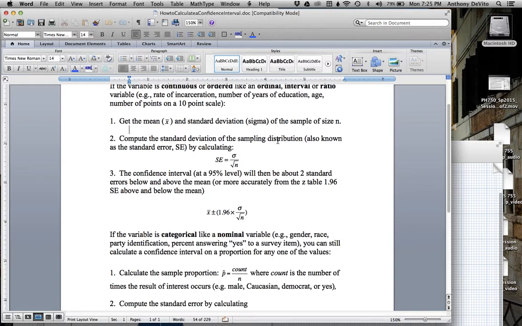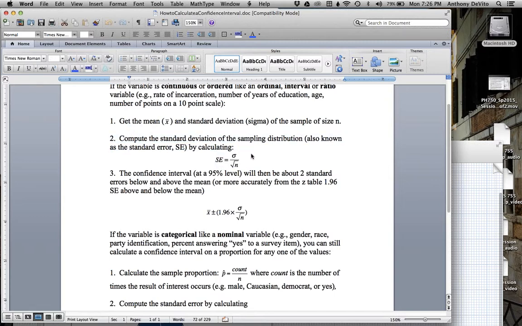Remember how we calculated that in the beginning from samples. But if we did it for the entire population, we call it sigma. If we're just calculating it for the sample, we call it S, standard deviation, a plain letter, not a Greek letter. And that's a statistic.